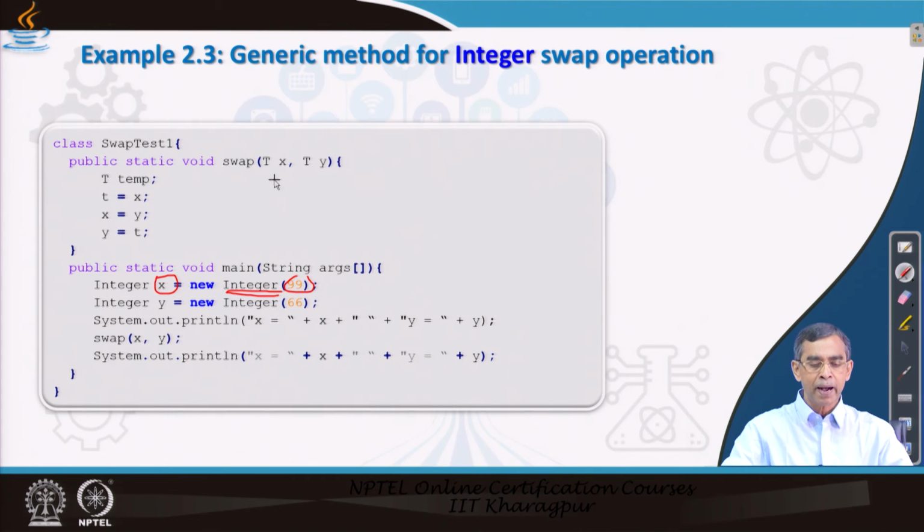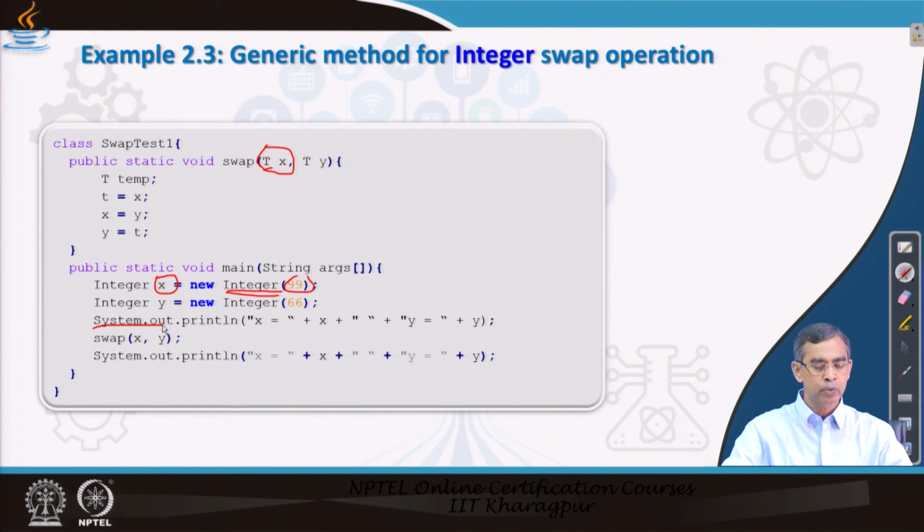Whenever we pass it, because in this parameter T, this is not primitive data like int, float, double, char, it should be an object type. That is why we convert this integer value to its class type and then pass it.